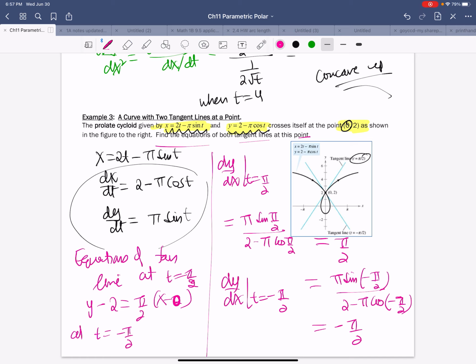That's not the value of t, this is the slope m. So this is the line at point (0, 2). At point (0, 2) we have two tangents, one with the positive slope, one with the negative slope. It's not at t equal to something, it's at point (0, 2). And at that point, t has two values, positive pi over 2 and negative pi over 2.